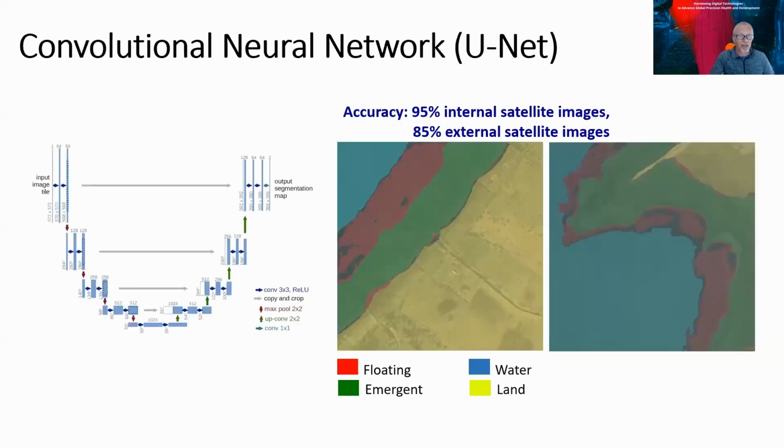And ultimately, we apply a specific type of convolutional neural network that has become widely used in biomedical applications. We use this on a surprisingly limited training data set, and the results were excellent. Despite the limited data sets, we are able to identify 95% of the floating vegetation, the suitable habitat for the snail, by using this type of algorithm.